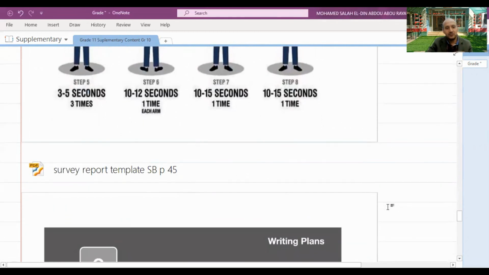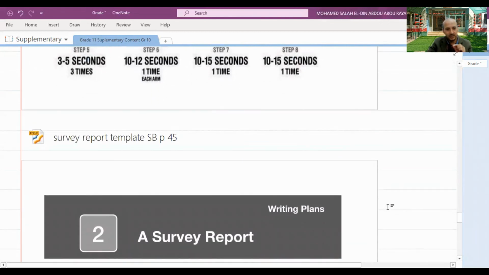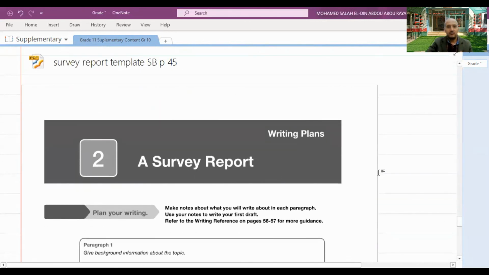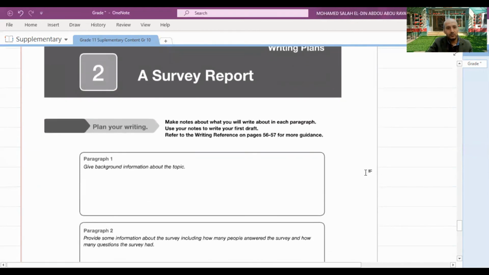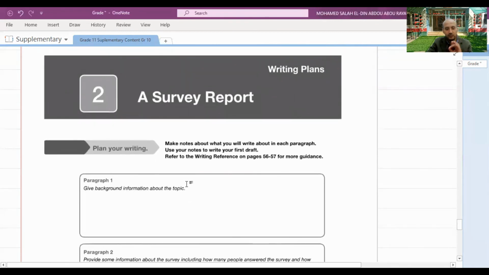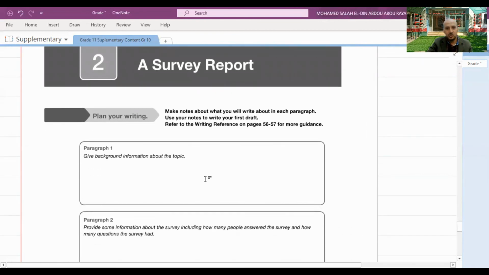Now, the survey report template, and I told you, you will find it in your skills book, page 45. After you do the survey and make your notes, now it's time to write your report. And inshallah, after you finish your survey report, you will share it with me on our Google Classroom.